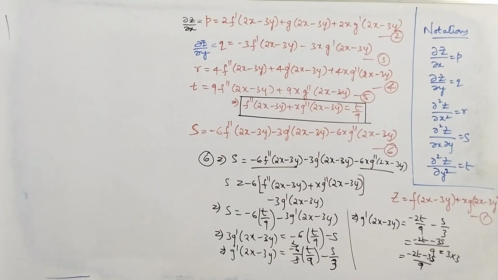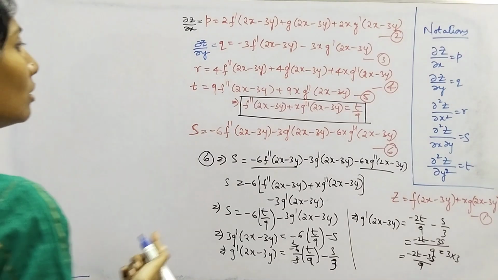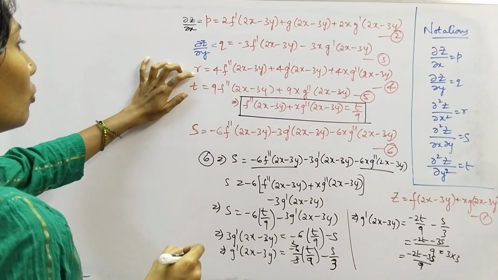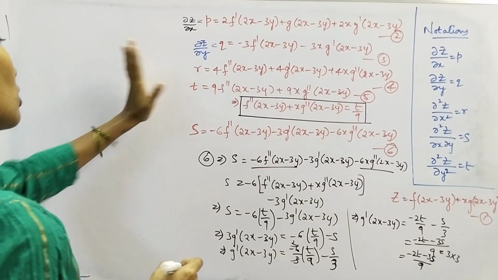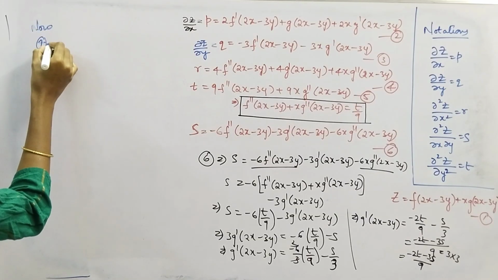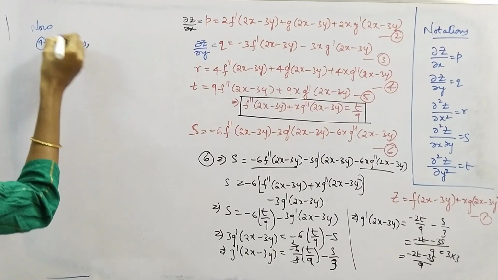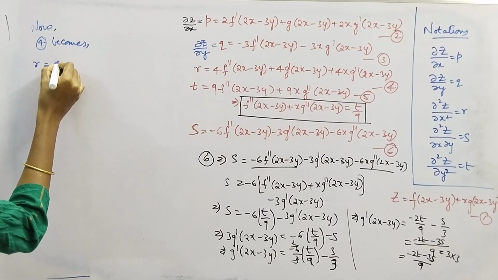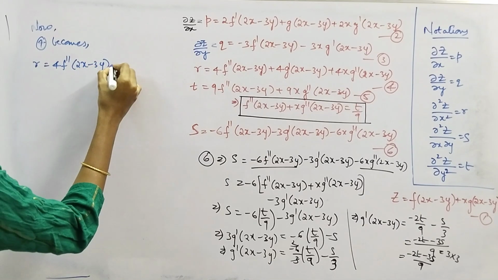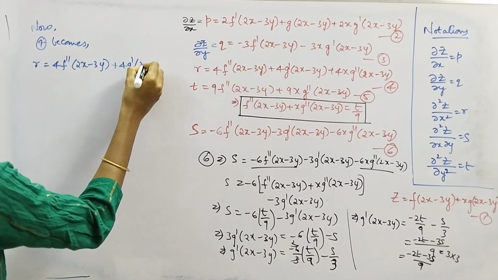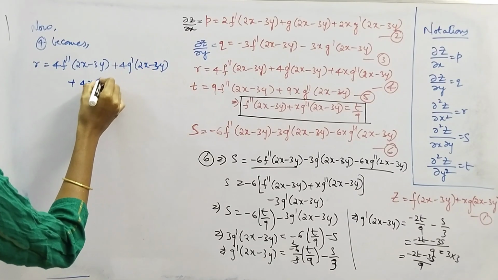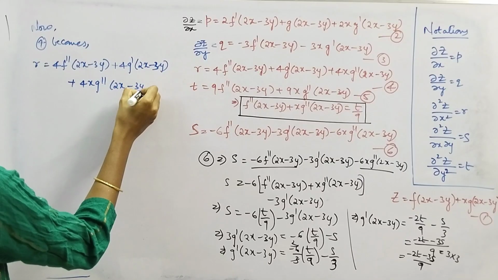Right, now we are having the value of g' using equation 6 and f'' plus x g'' using equation 5. So now we'll use equation 4 to find the partial differential equation. Let's see how. Now we have equation 4, or 4 becomes r equal to 4 f''(2x-3y) plus 4 g'(2x-3y) plus 4x g''(2x-3y), right?